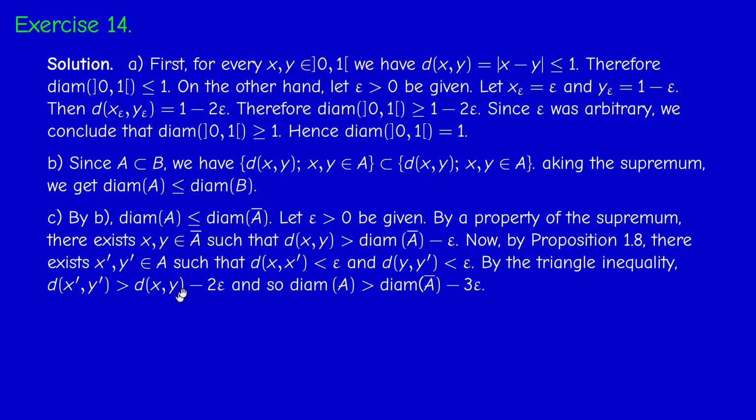You convince yourself that this is just the triangle inequality, and I'm using these facts. Now, since x prime and y prime are elements in A, the diameter of A is bigger than this.